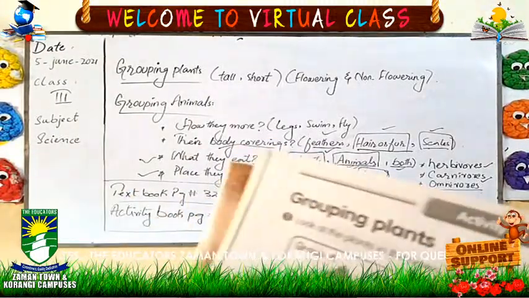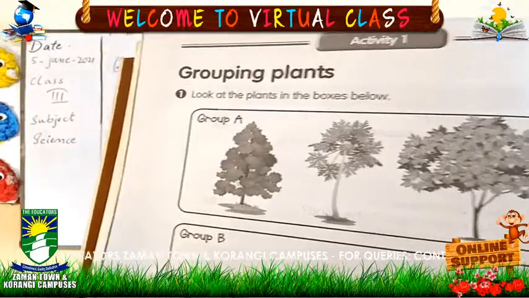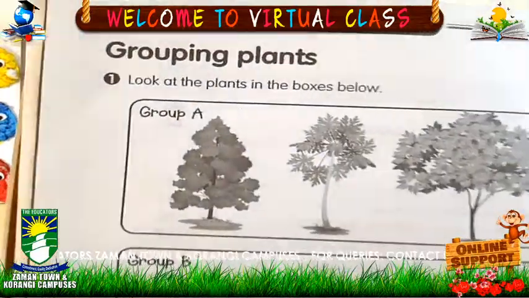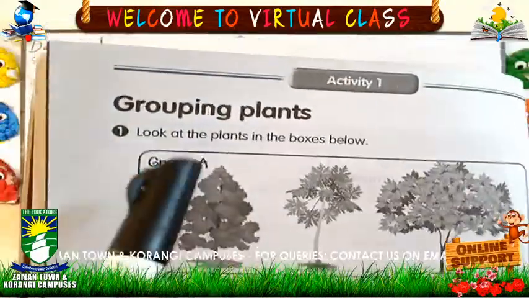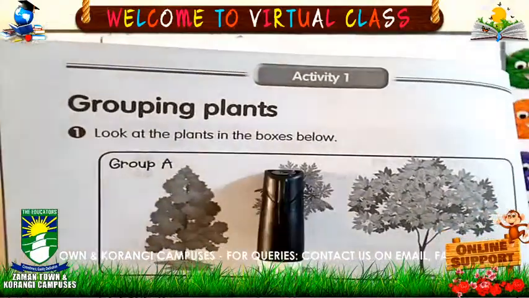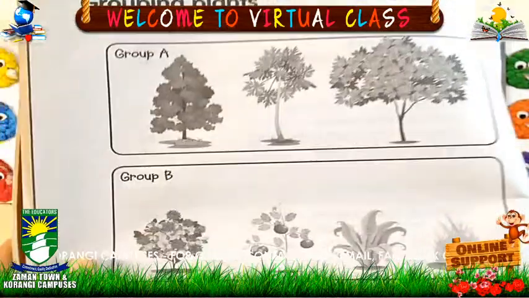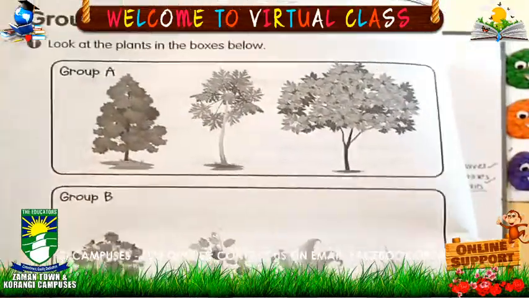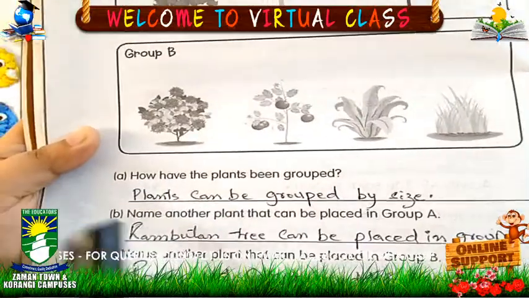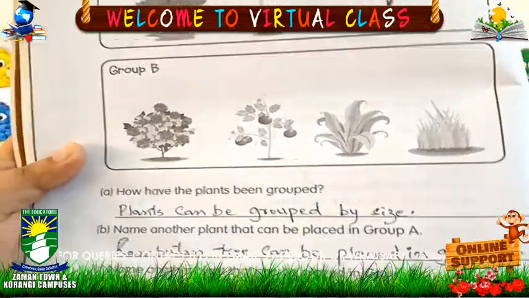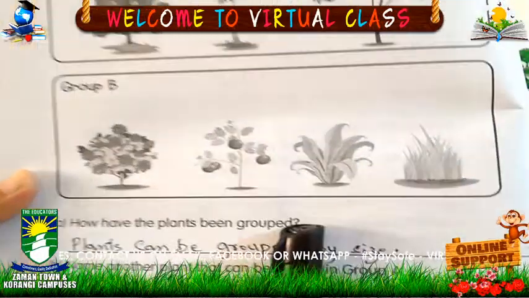On page number 2, we are going to make a group according to similarities, but here we are talking about plants. Group A and group B. Look at the plants in the boxes below. These are the plants. According to these pictures, we have to answer the following questions, parts A, B, and C. Part A is saying, how have the plants been grouped?